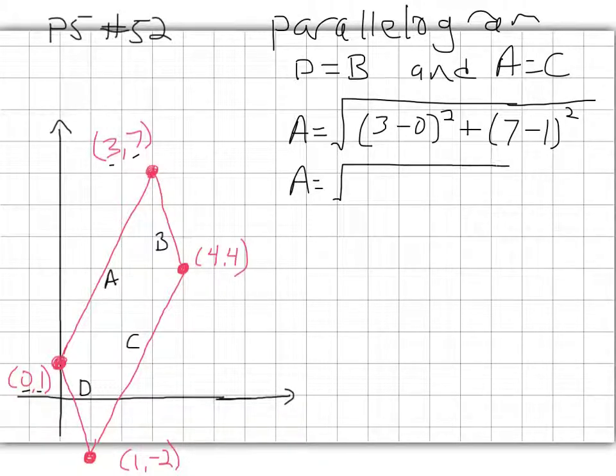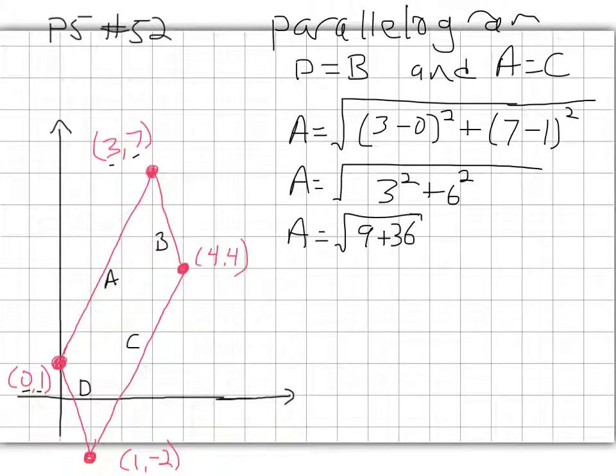So we have to do the things inside of the squares first. 3 minus 0 is 3 squared. 7 minus 1 is 6 squared. 3 squared is 9. 6 squared is 36. 9 plus 36 is square root of 45.